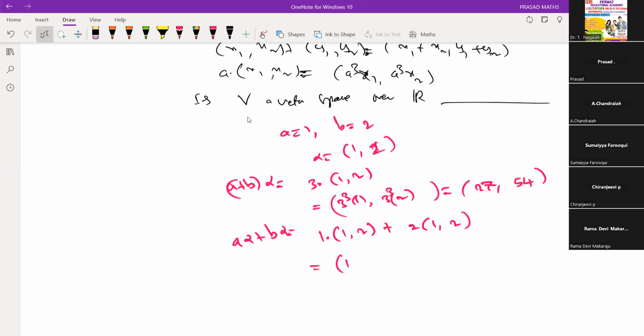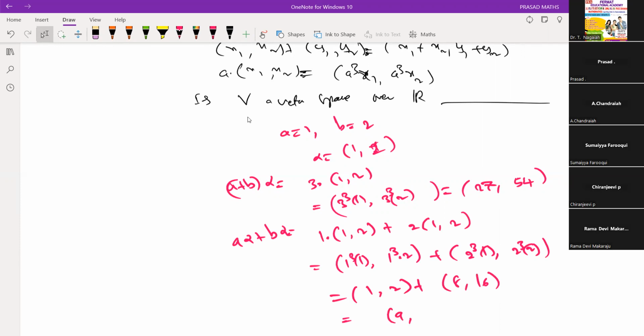What is this? 1 cube into 1, 1 cube into 2, plus 2 cube into 1, 2 cube into 2. Therefore (1, 2) plus (8, 16), this is 9, this is 18. Are they equal? No, sir. No. Therefore (a plus b) alpha should not be equal to a alpha plus b alpha. Therefore it is no.